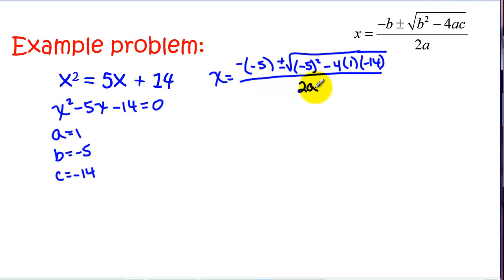Now the first several examples we're going to work, we're not going to plug this in and get a decimal number. We want to get an exact value. So our first thing that we want to compute is this number underneath the radical symbol. And I'm also going to take care of this minus a minus here.